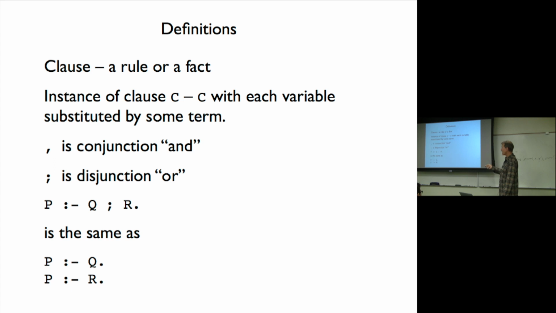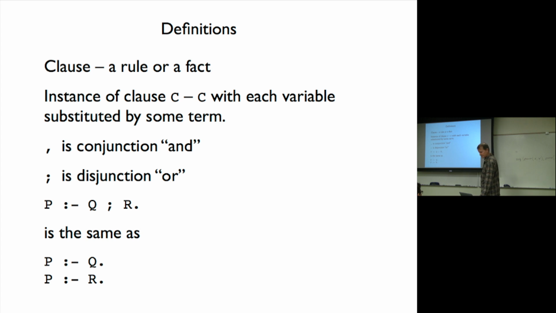So it's actually possible, and we will do this occasionally, to say P if Q or R, where or is this semicolon. But typically, it's more usual for this to be just P if Q as one rule, and then P if R as another rule, because if this one fails, then it tries this one anyway. But we will use this occasionally, all right?